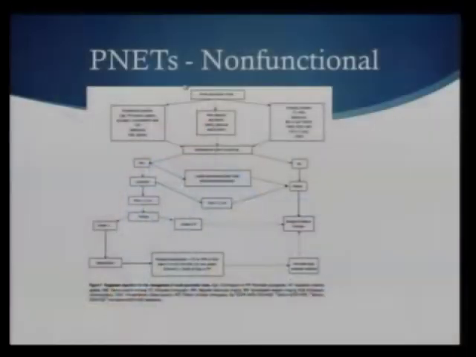So for non-functional neuroendocrine tumors, again, when you have a mass that shows up incidentally on a CT scan and it's not cystic, we've talked about cystic, this will not be cystic. So some of the things you've got to do is start with biochemical studies.